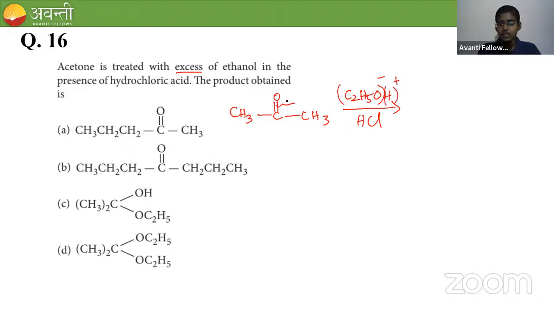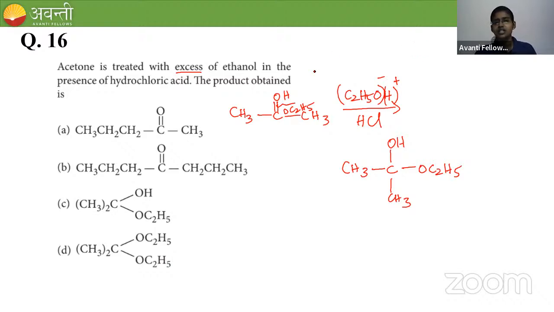Break one of the double bonds, add the positive part to oxygen and the negative part OC2H5 to carbon. You will get one product, that is CH3, C, OH, and the CH3 is there, and newly we have added OC2H5. Got it?